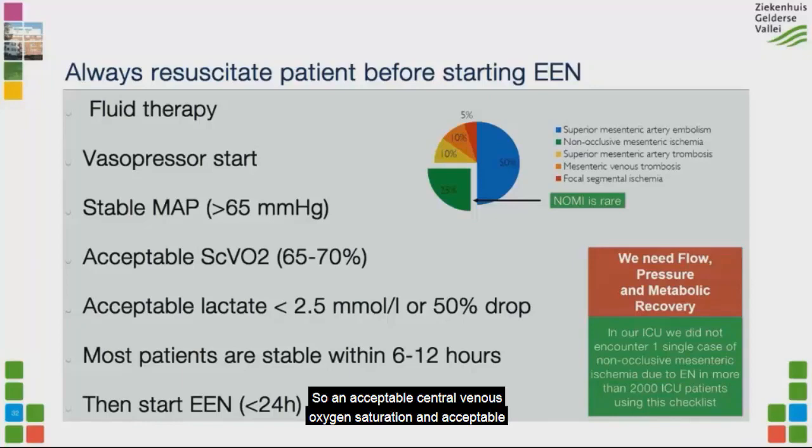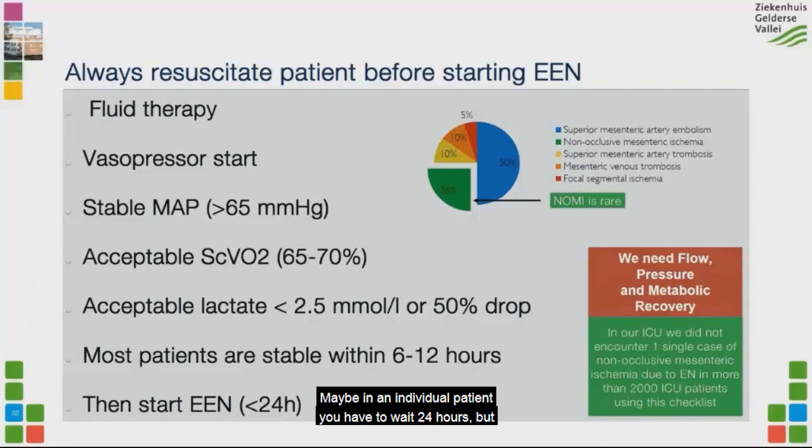and then we aim for a good blood flow, so an acceptable central venous oxygen saturation and an acceptable lactate level, an indicator of metabolic recovery, so below 2.5 millimoles or at least a drop of 50% from the values on ICU admission. And in our hands, most patients are stable with these criteria within 6 to 12 hours.